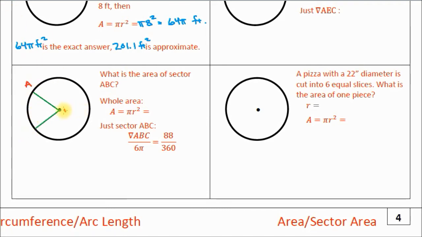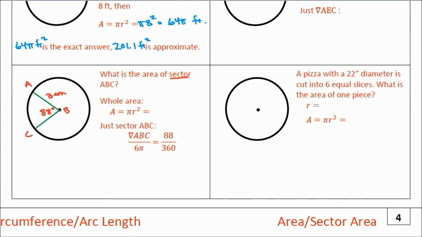A, B, C. And let's say that we know that the degrees of this angle ABC are 88 degrees. Let's say the diameter of this circle is 3 centimeters. And the question is, if we know the entire area of the circle, can we find just the area of this space right here? Looks like a pizza slice. What's the area of just this space? And we're calling that a sector. So that's what a sector is. What is the area of that sector?